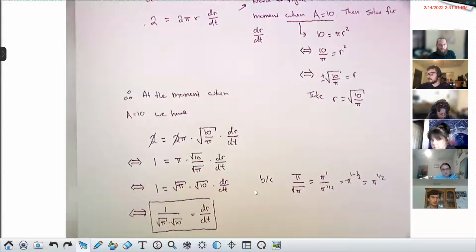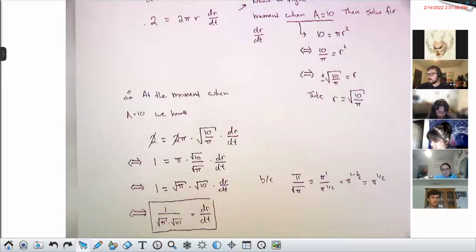Questions about the steps showing now? We're all comfy with this algebra work? And the step right here is that rule that a to the x over a to the y is a to the x minus y. So, rule for exponents.